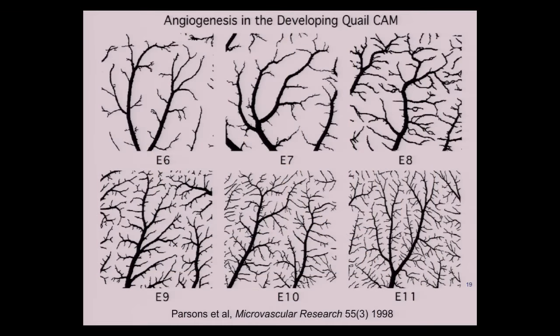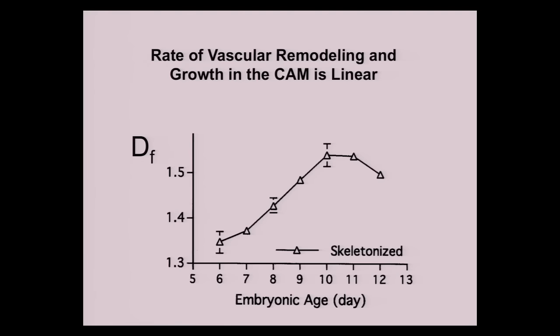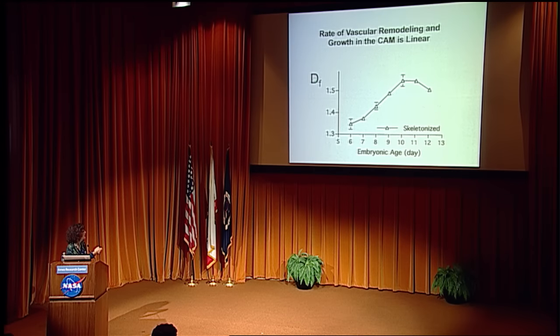As I described in the CAM, looking at normal healthy development, which of course is a very important aspect of this kind of phenomenon, the fractal branching patterns quickly fill themselves in over about 5 to 6 days of vascular development. And one result that continues to fascinate me from that early research is the fact that that fractal-based growth pattern becomes a linear result when analyzed by fractal mathematics.